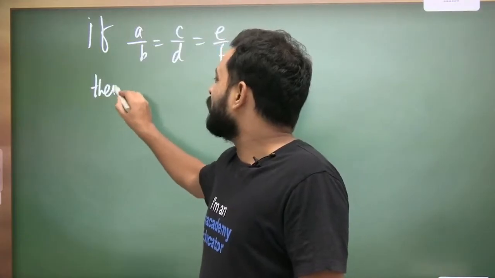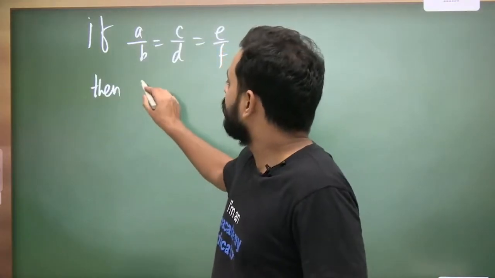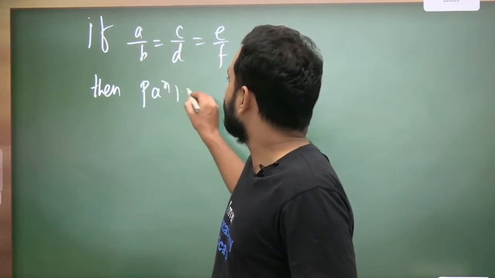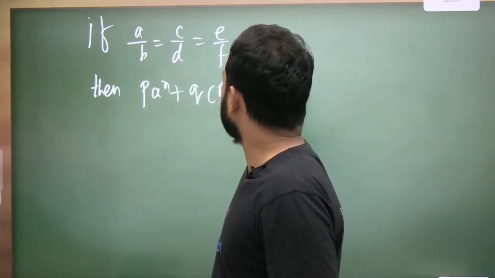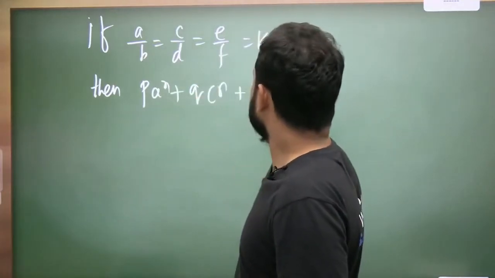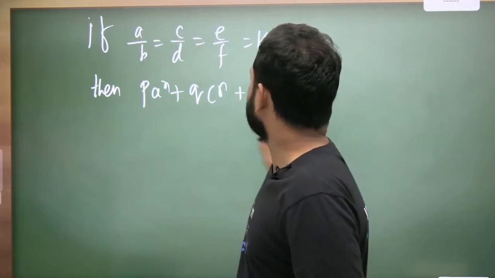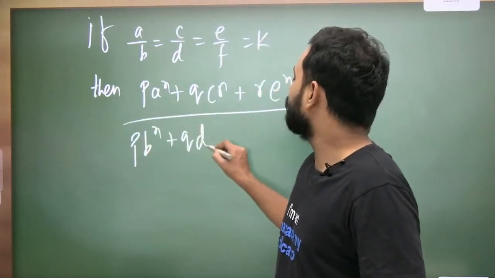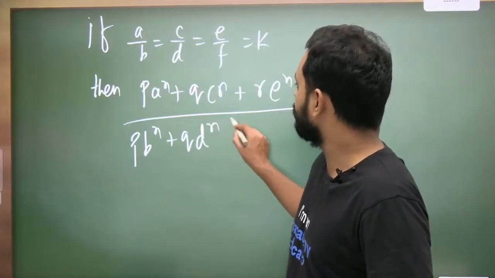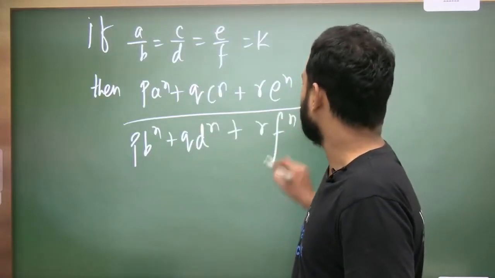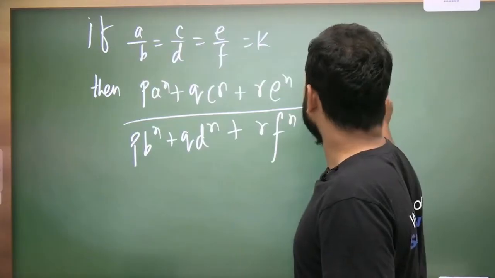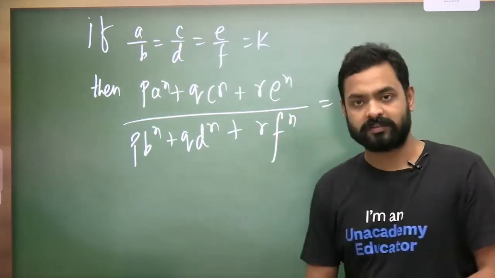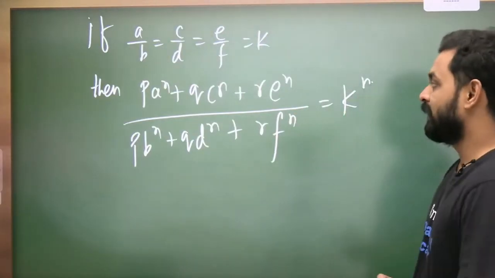Then, very important, p a power n plus q c power n plus r e power n divided by p b power n plus q d power n plus r f power n is equal to k power n. So these are some of the important results that you can remember.